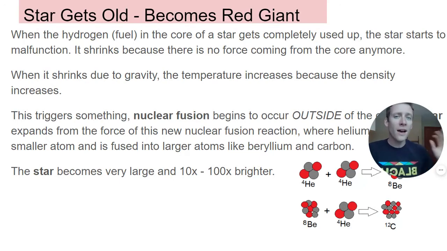We're fusing heavier, but still light elements because they're under atomic number 26, but heavier elements this time. So when a star becomes a red giant, we know that it is no longer fusing hydrogen into helium. It is now fusing helium into heavier elements. So that's what makes a star a red giant.